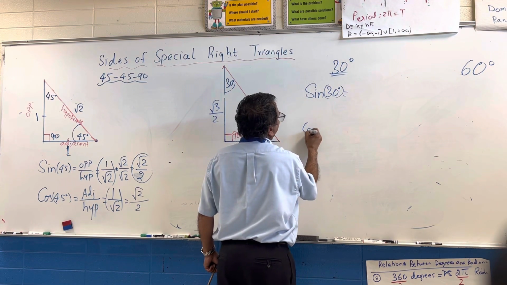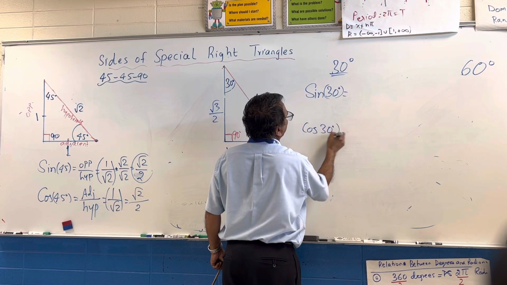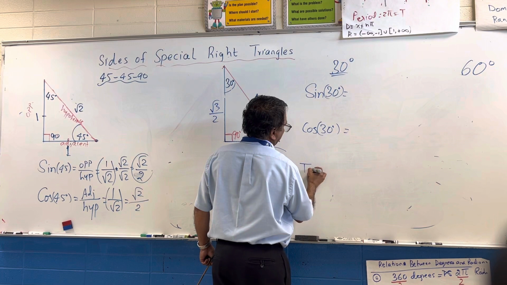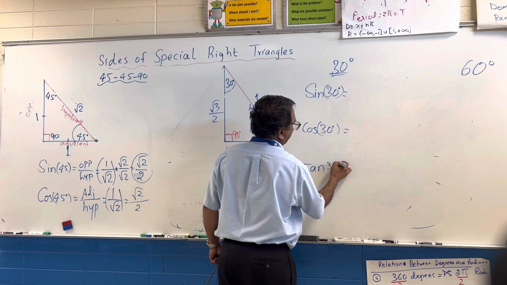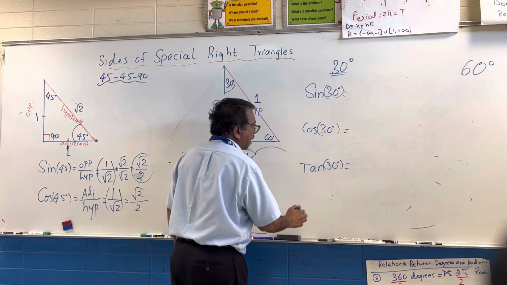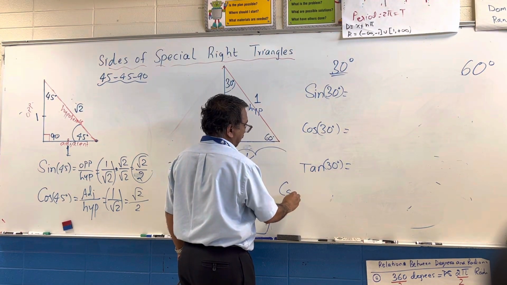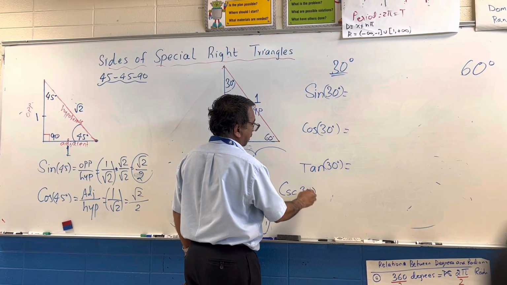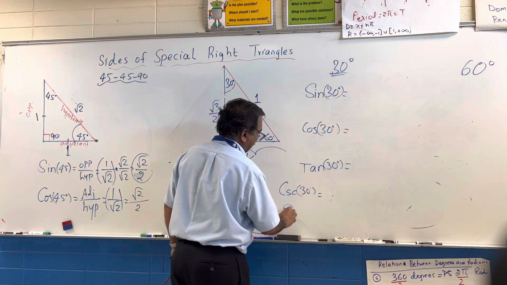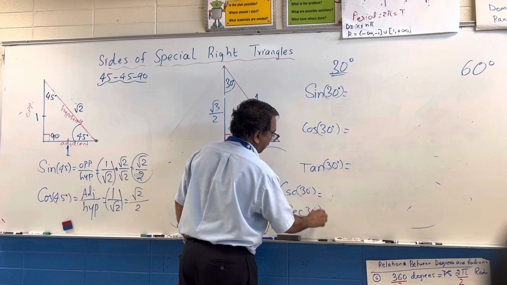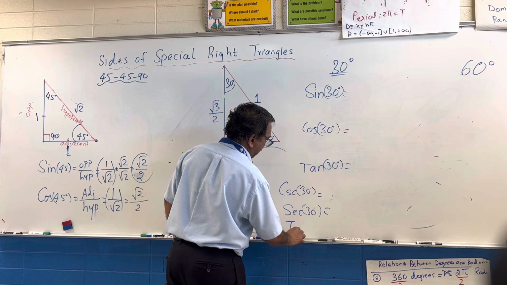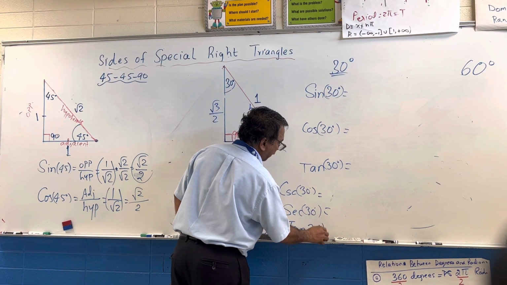Then we need to know cosine of 30 degrees, and then tangent of 30 degrees. And then I'm going to write cosecant, CSC of 30 degrees. Then we have secant of 30 degrees and cotangent of 30 degrees.